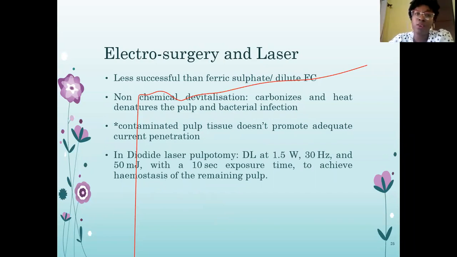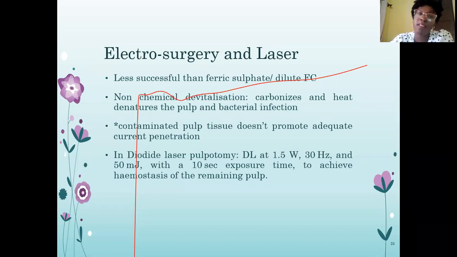Third is electrosurgery and laser. This is a new evolvement in pediatric dentistry. Laser is really being pushed because the effects, the pain is reduced, and also there's no sound with the motorized handpieces.